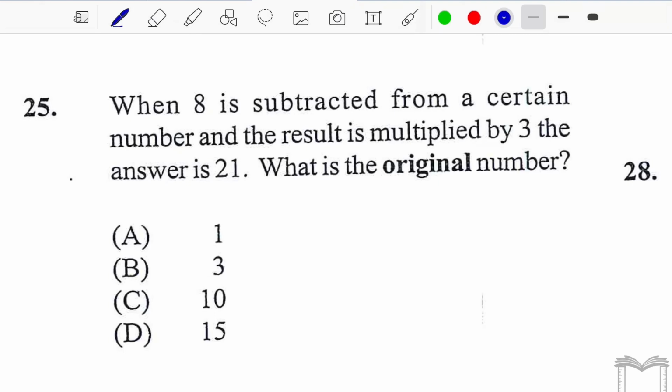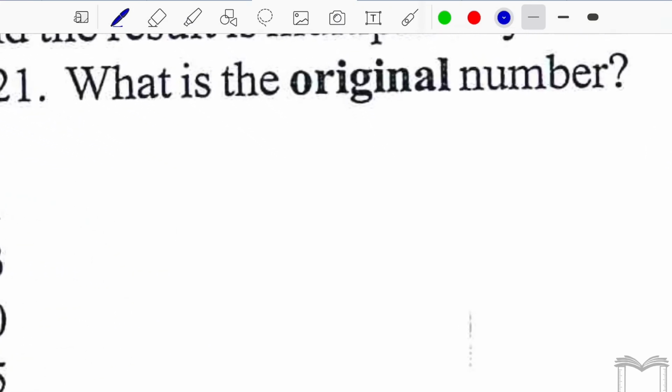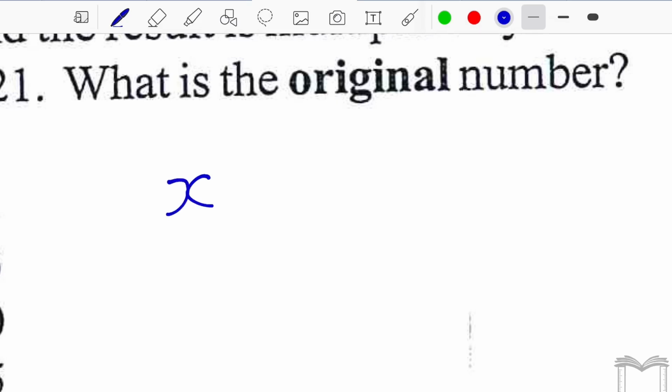When 8 is subtracted from a certain number and the result is multiplied by 3, the answer is 21. 8 is subtracted from a certain number. Alright, so let's express this. So let's call that certain number, that unknown number, x.